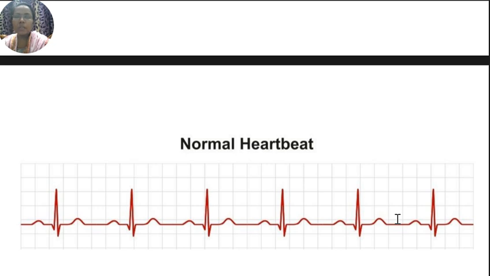We know the common disorders like heart attack, that is myocardial infarction, and stroke, heart block, and cholesterol deposition due to atherosclerosis. These heart disorders can be diagnosed with the help of the ECG. This is the very basic diagnostic step.